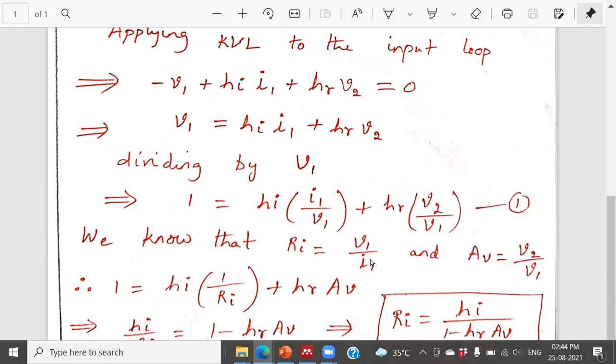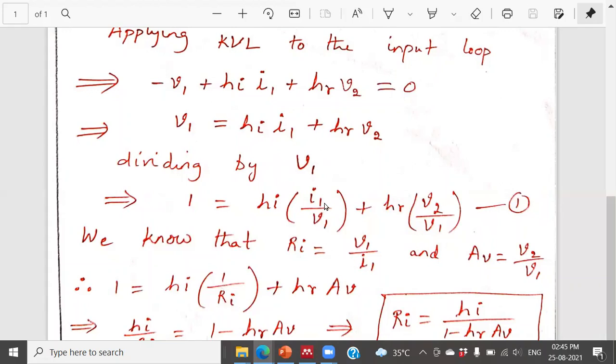Ri is V1 by I1, but we have I1 by V1 here, so I1 by V1 will be 1 by Ri. So the 1 as it is, Hi as it is, and I1 by V1 we write as 1 divided by Ri.